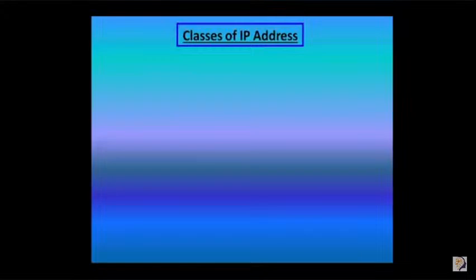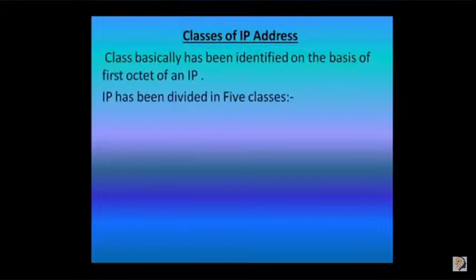On that basis we define the IP class. In the last PPT presentation, perhaps you remember, the minimum to maximum was 0.0.0.0, and this was the class. This first octet identifies the class. We talk about all the octets, but the class is identified based on the first octet.